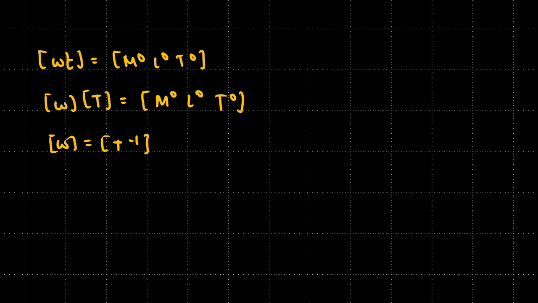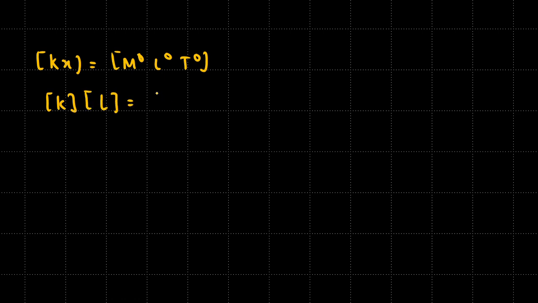Pretty simple, right? So now let's find that of k, which we need to find as well. The dimension of kx is again dimensionless, which will be M^0 L^0 T^0. So the dimension of k is to be found. The dimension of x is L. So we have M to the power 0, L to the power 0, T^0.